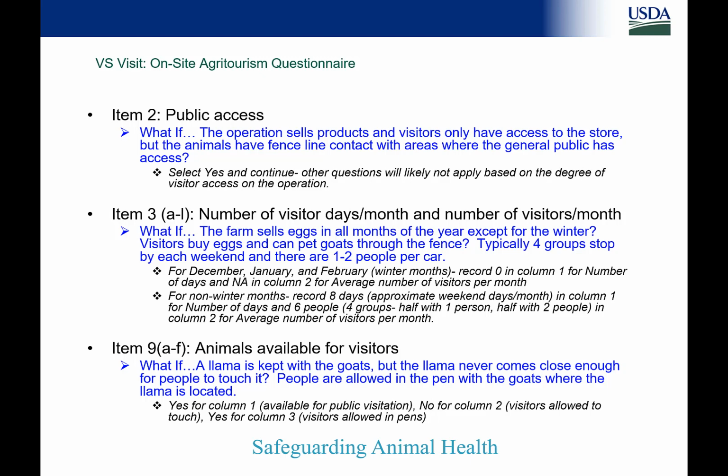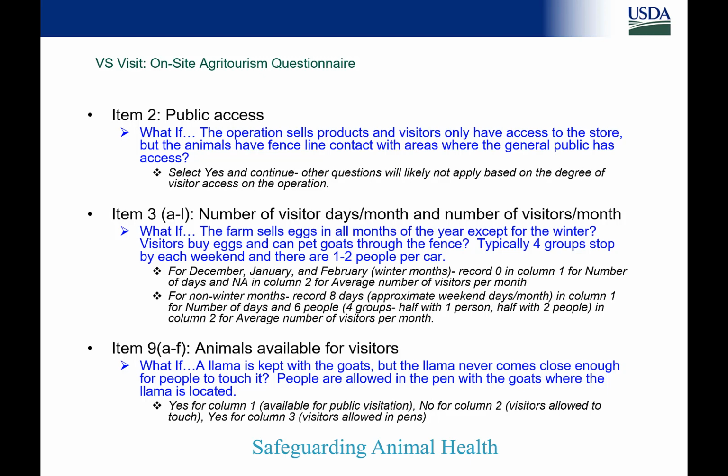What if the farm sells eggs in all months of the year except the winter? Visitors buy eggs and can pet goats through the fence. Typically 4 groups stop by each weekend, with 1 to 2 people per car. For December, January, and February, you'd record 0 in column 1 and NA for column 2.